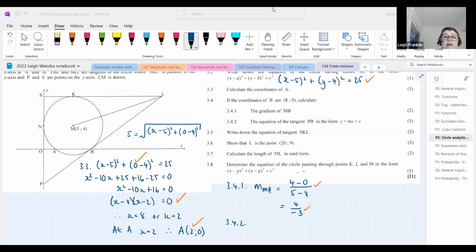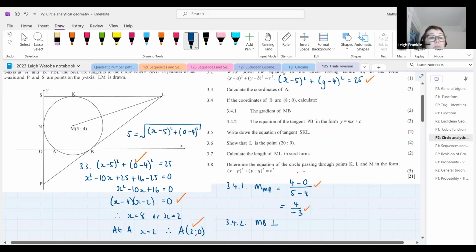Exactly. The gradients multiplied together must equal -1, because the radius is perpendicular to the tangent. So MB is perpendicular to your tangent PB.